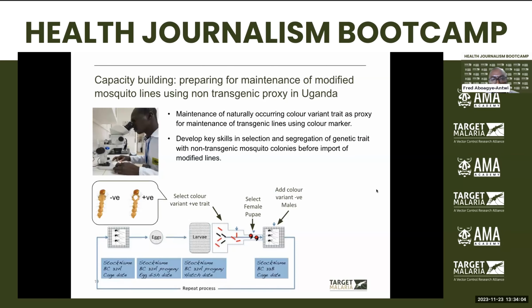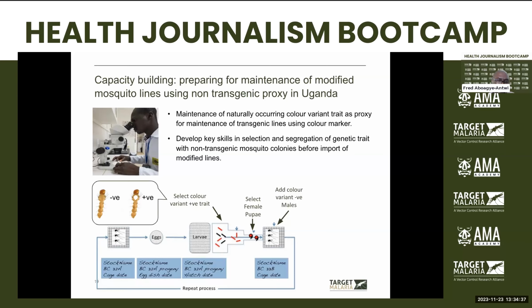And in terms of capacity building, team members are being prepared and trained on how to maintain modified mosquitoes using non-modified mosquitoes as a proxy. And so here, the team is using natural mosquitoes that have specific markers.